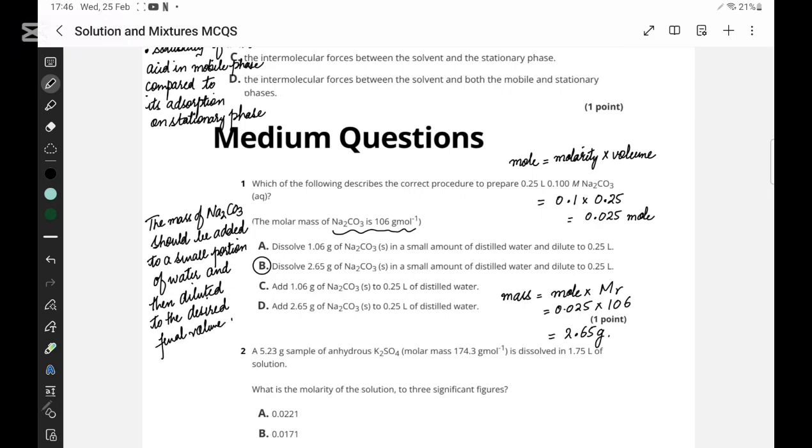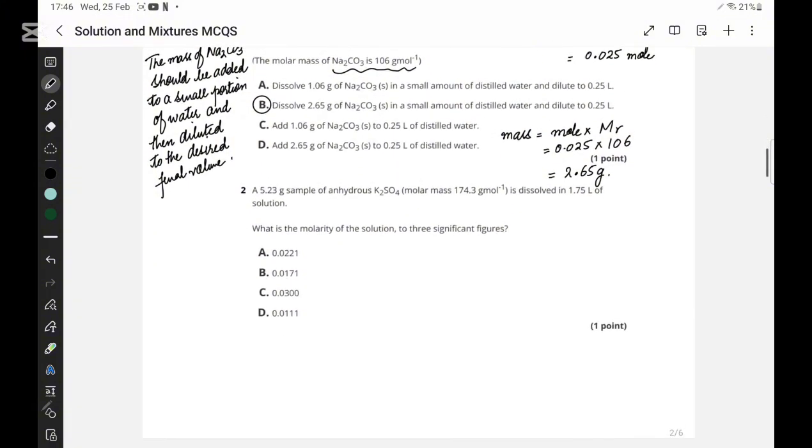This is the right procedure. So that's why our answer is B.